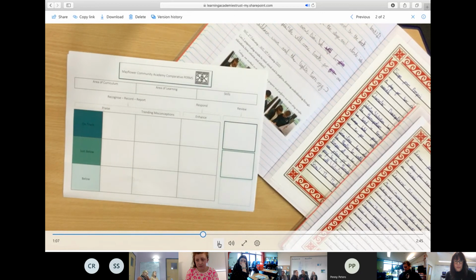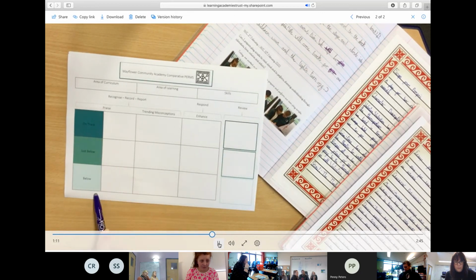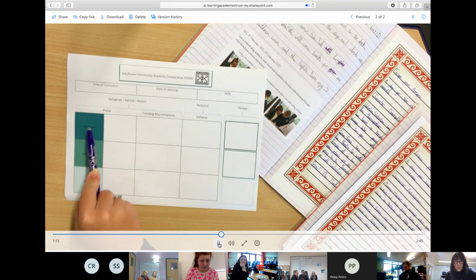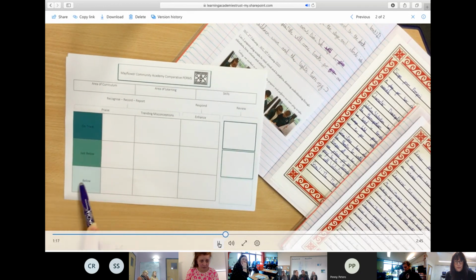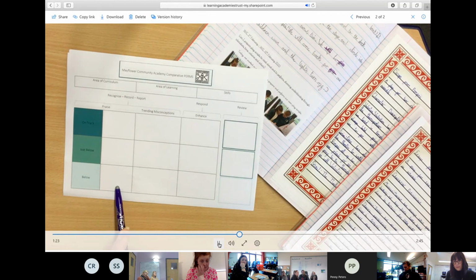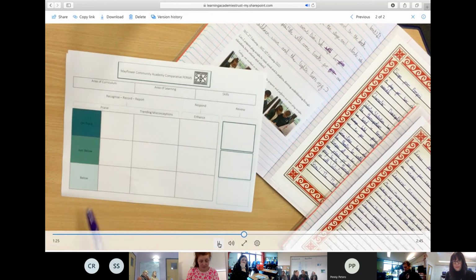The very first column I would fill out would be this one here. So I would capture the children who are on track, just below, and below. And I would put their initials in here so I could see really clearly the categories of my class. I would then begin to look through the trending misconceptions within those categories.